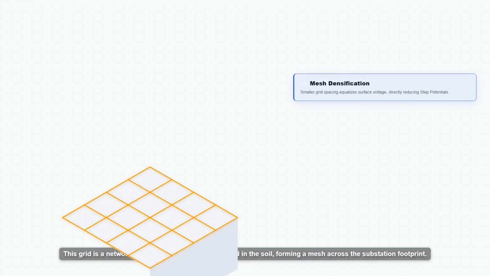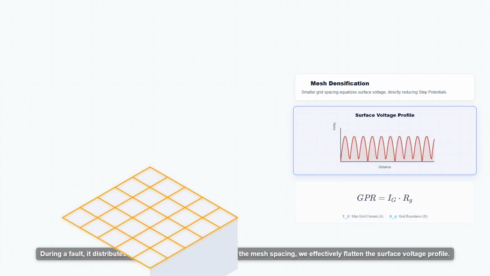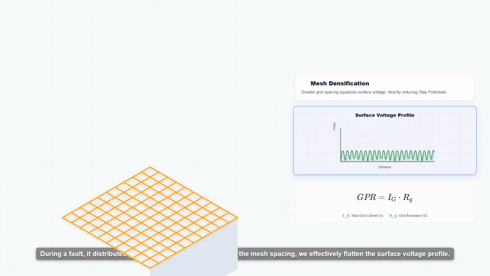To mitigate dangerous step and touch potentials, substations employ a comprehensive ground grid. This grid is a network of bare copper conductors buried in the soil, forming a mesh across the substation footprint. During a fault, it distributes current into the earth. By reducing the mesh spacing, we effectively flatten the surface voltage profile.